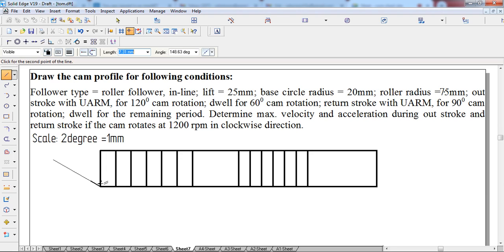So from here I will take an 11 mm line. I think 11 mm will be too short, so I will take around 1 centimeter, 10 mm. You can take in round numbers. I am just taking like this.